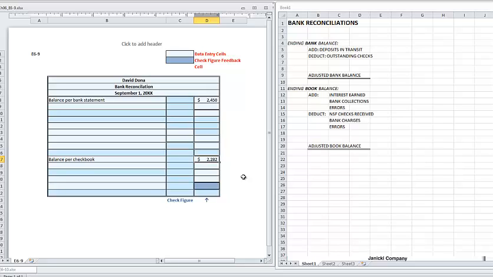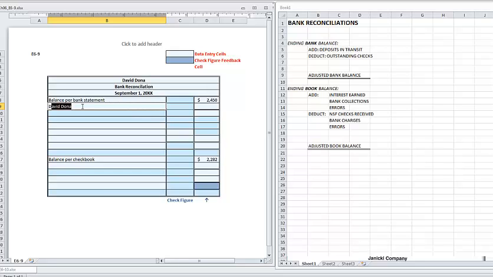On A, $60 deposit made on August 31st was not on the bank statement. So we probably made this deposit too late for it to appear on the bank statement for the next day. So we have it on our books, so we need to adjust the bank balance for this deposit.